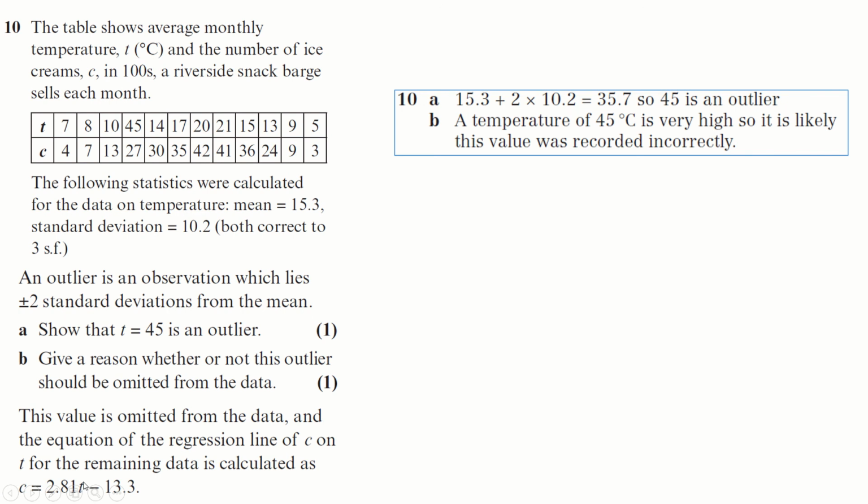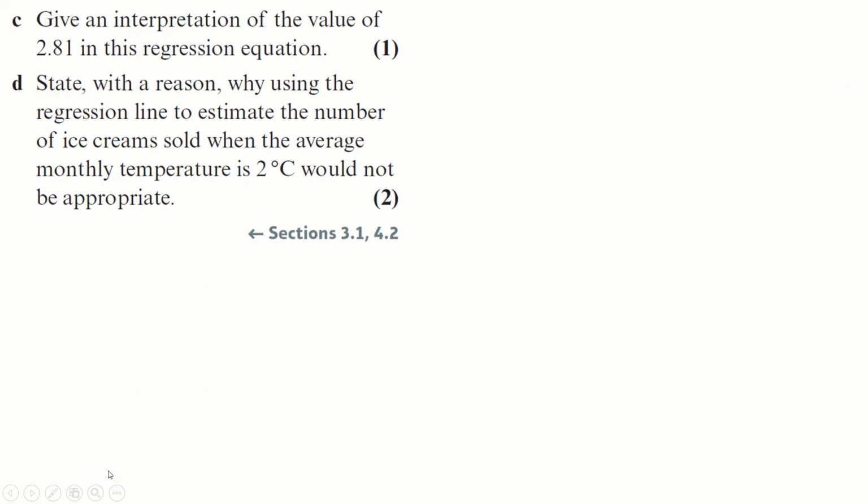So this means that for every extra 1 degree in temperature, there's going to be 281 extra ice creams sold. That's what that number means. It's the gradient, but an interpretation means we've got to relate it to the context of the question. State with a reason why using your regression line to estimate the number of ice creams sold when the average monthly temperature is 2 degrees would not be appropriate.